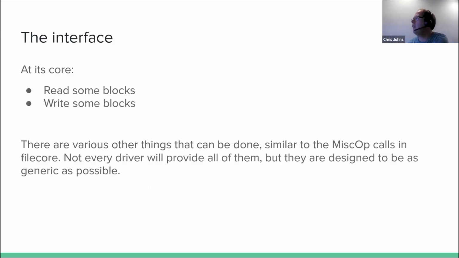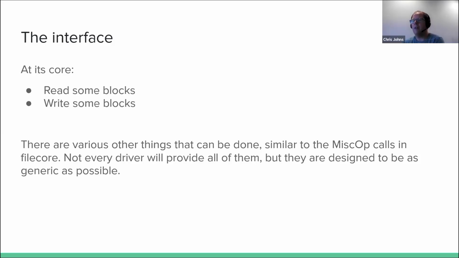So the interface is basically read me some data and write some data. Slightly more than that. There are a bunch of other things, which are a bit like the MISCOP calls for anybody who's done anything with Filecore type devices. They try to be as generic as you can. Not every driver will provide all of them, or even any of them.